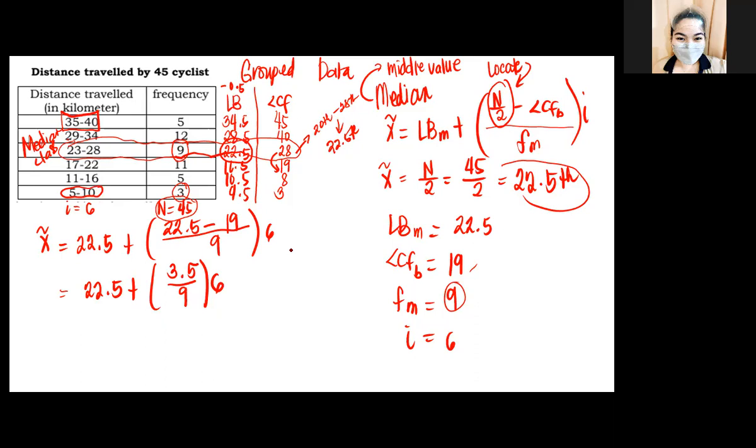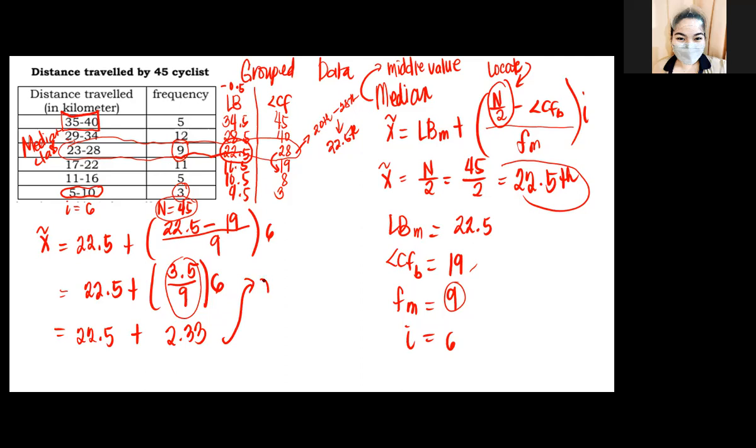So, dun pa lang, pag natapos nyo ng i-divide at na-multiply nyo na rin siya dito, saka lang kayo mag-round off para pare-pareho tayo ng sagot, okay? So, we have 22.5 plus 2.33. And that gives us, ano magiging median natin?